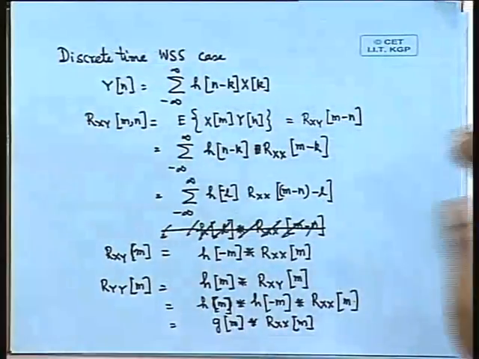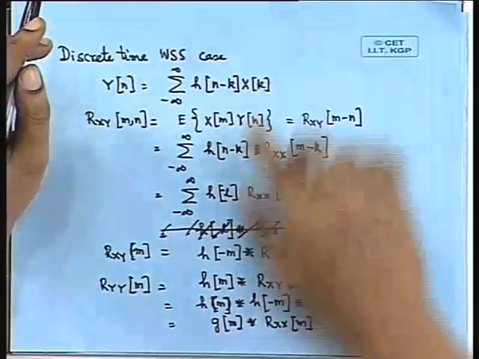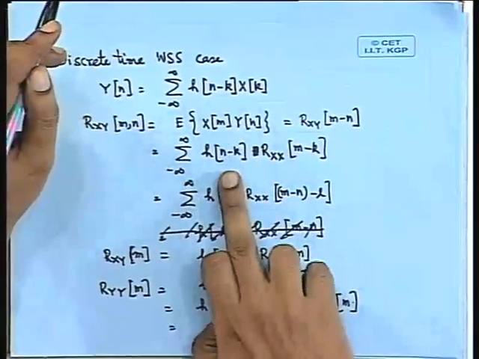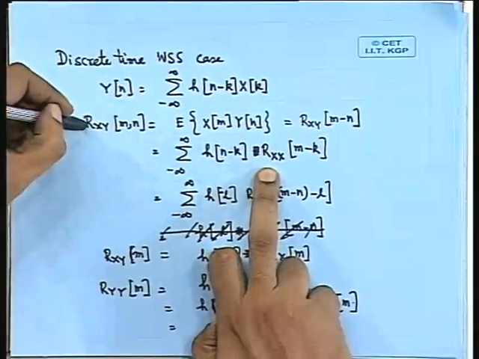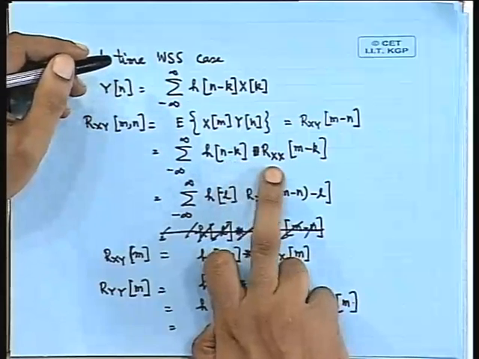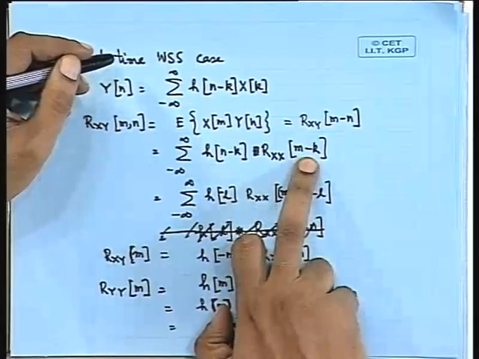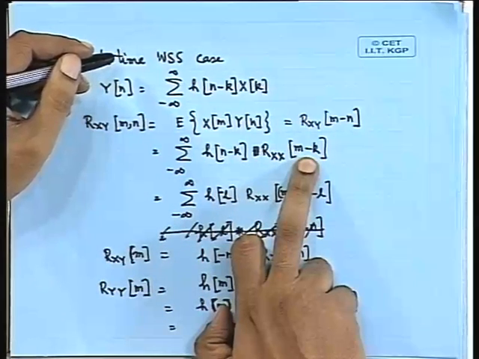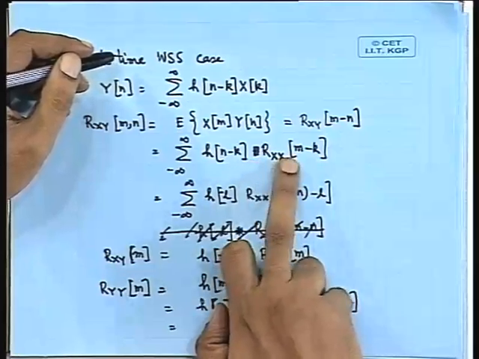Okay. So now let us come to this once we know this. What is going to be Rxy? It is h of n minus k into Rxx m minus k. How to obtain this? This is reasonably simple to obtain.